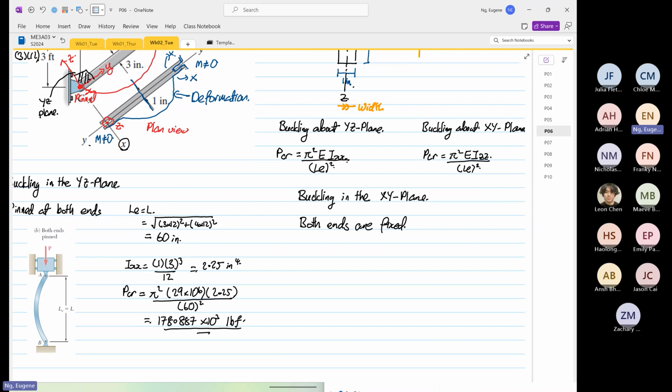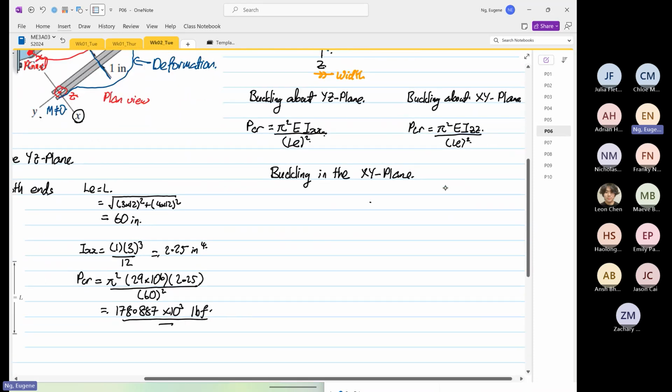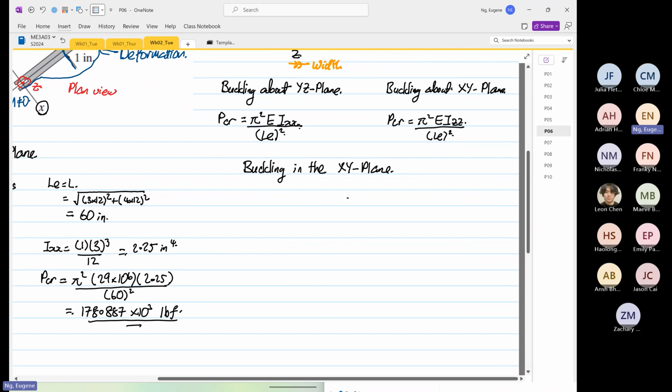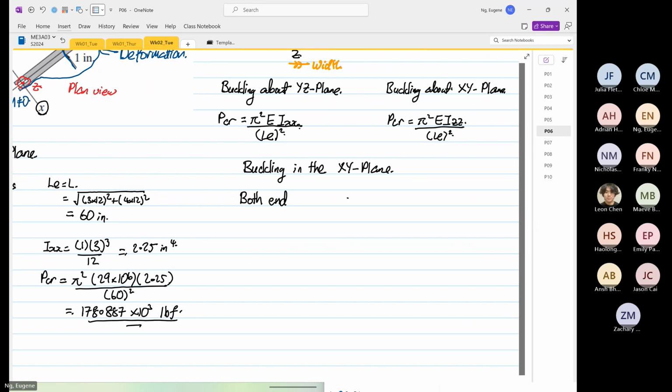Both moments are not equal to 0. So both ends are fixed. I'll write it out. So both ends are fixed, as moment is not equal to 0.